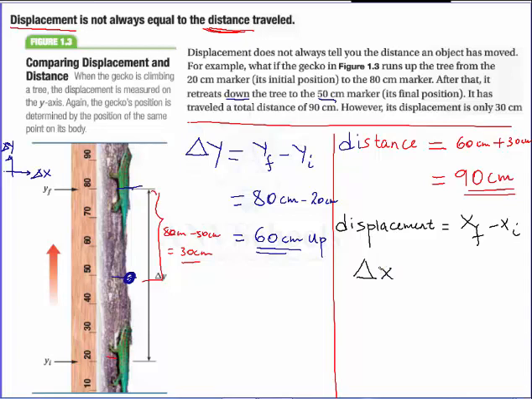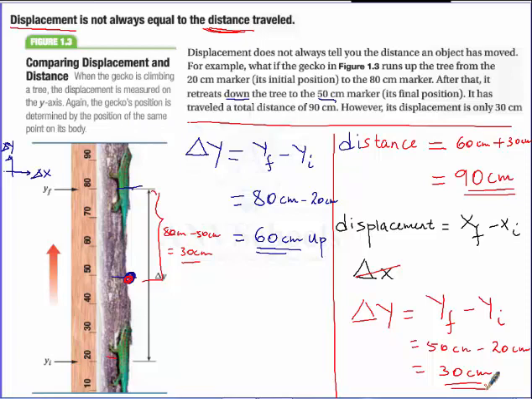The change in y is given by the final position minus the initial position. In this case, Joko is right here. The final position is 50 centimeters, minus the initial position of 20 centimeters. Then it will be 30 centimeters upward. This is the displacement of the Joko.